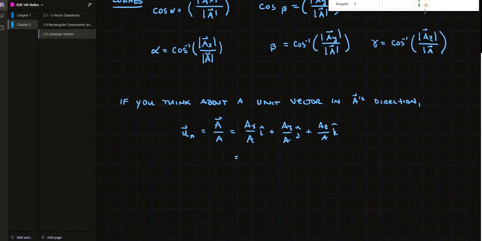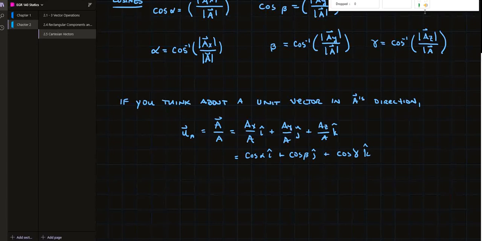And again, this is just cosine alpha i plus cosine beta j plus cosine gamma k. So that's a unit vector in the direction of A.